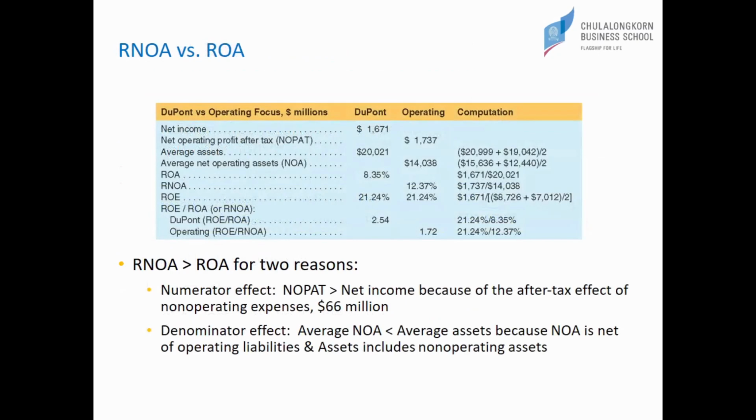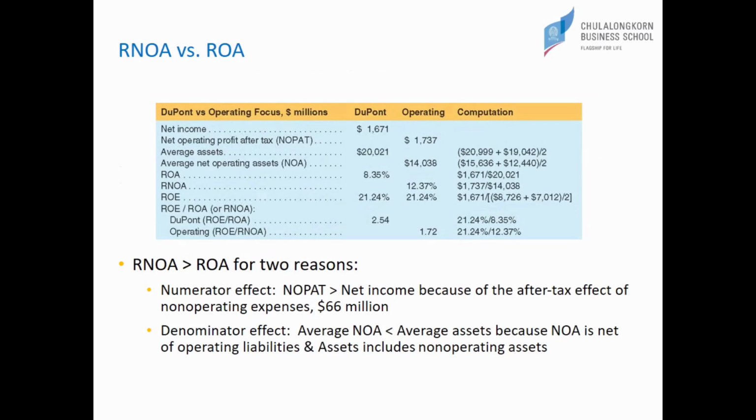So this shows these figures that we have seen using both the DuPont framework and our operating focus. So here, one thing that we can recognize is that this ROA is smaller than our RNOA. Here, ROA is 8.35, while our RNOA is 12.37.